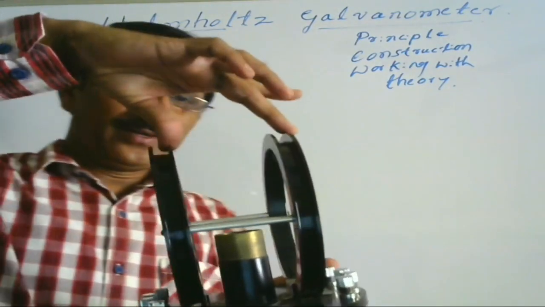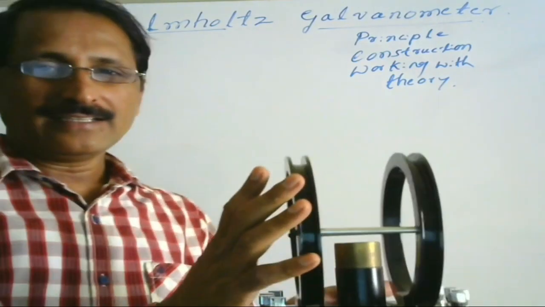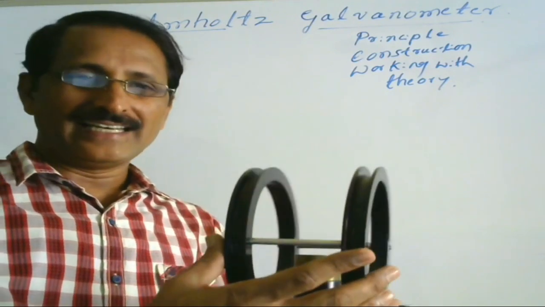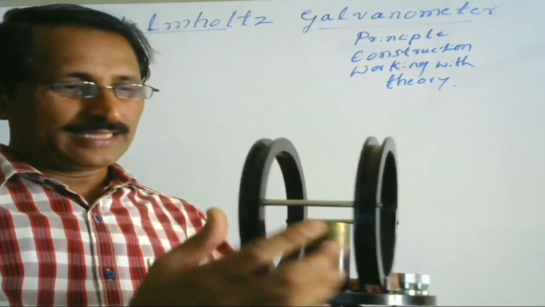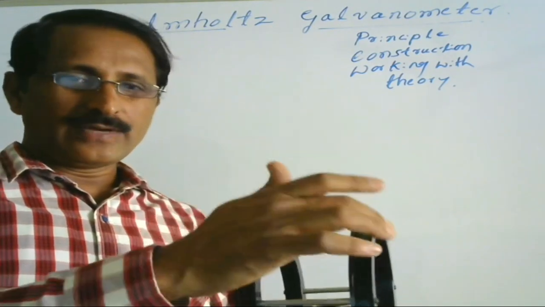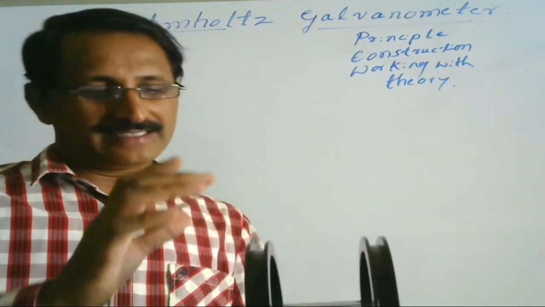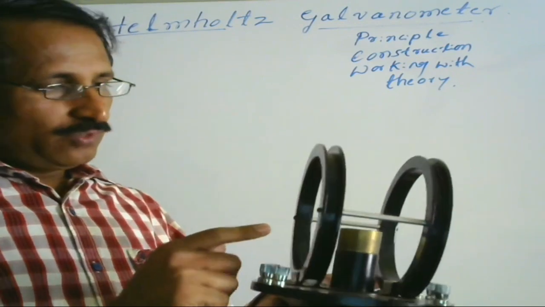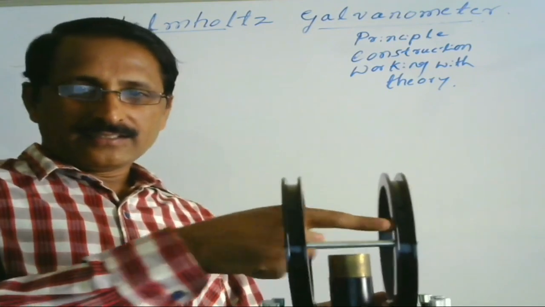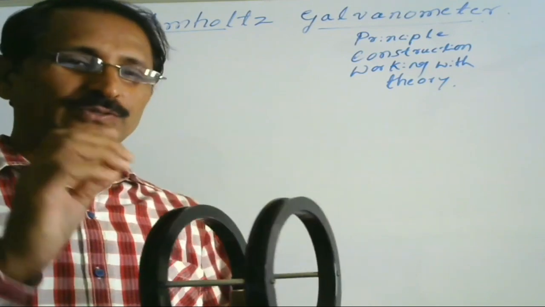It consists of two identical circular coils having the same radius and the same number of turns. These are placed coaxially at a distance equal to the radius of either coil. The two coils, C1 and C2, are connected in series so that the current through them is in the same direction. The magnetic field along this common axis, at a point midway between C1 and C2, is uniform.